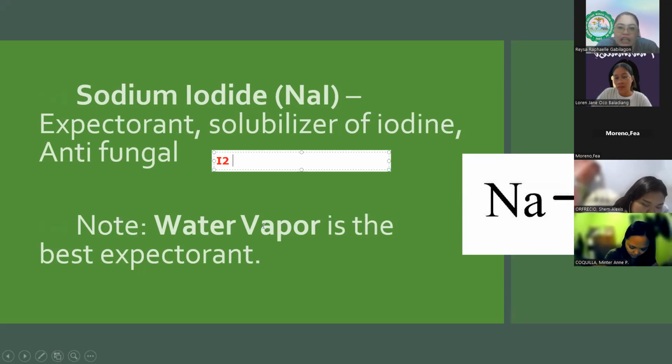Pag iodine lang talaga siya, hindi siya ma-dissolve sa water. So, nilalagyan yan siya, for example, ng sodium iodide, it will give you a triiodide. So, tatlong iodine na yan siya ha. I3, subscript yung 3. Yung triiodide, yan na yung soluble sa water. So, if gusto talaga natin i-dissolve si iodine sa water, lagyan natin siya ng sodium iodide.